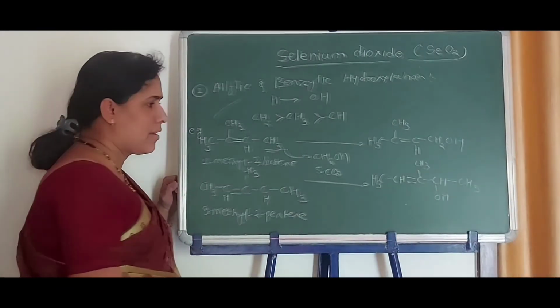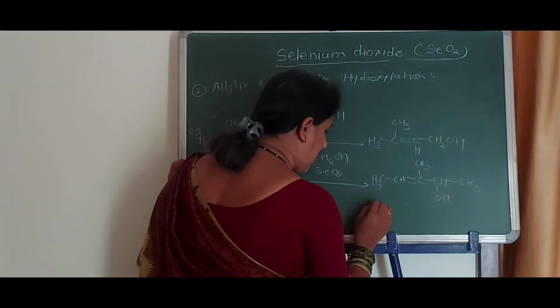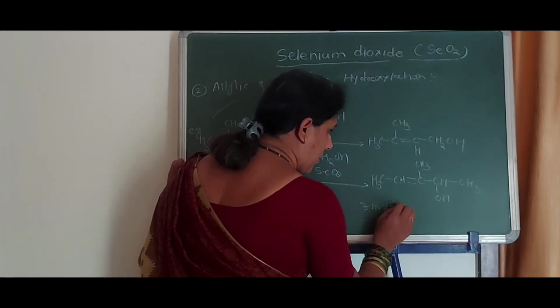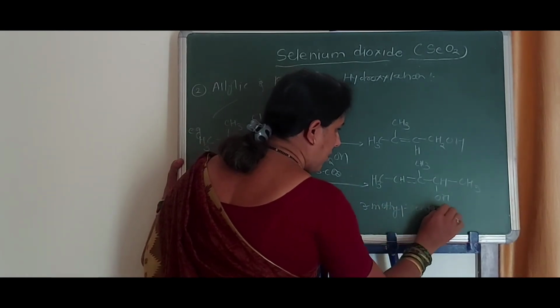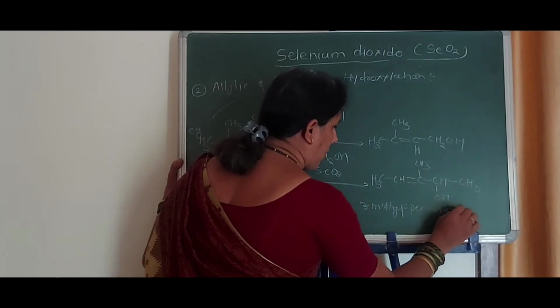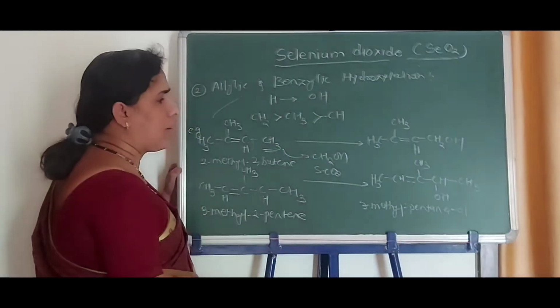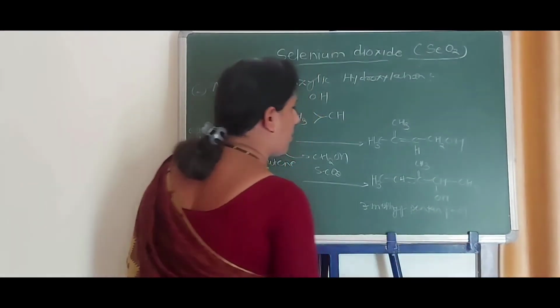What is the name of this compound? That is 3-methyl pentane 1, 2, 3, 4 OH. Or on this side, 1, 2, 3-methyl 1 OH.